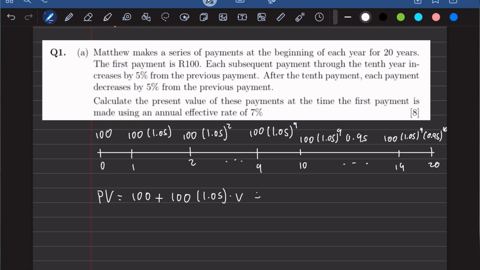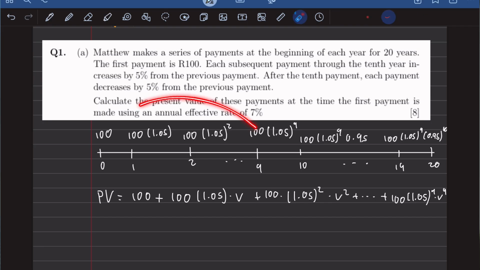Now for the next one, it's going to be 100 times 1.05 squared times v squared. Plus, and then the last one will be 100 multiplied by 1.05 to the power of 9 times v to the 9, because this one we have to discount 9 years. Okay, so that's our first pattern.